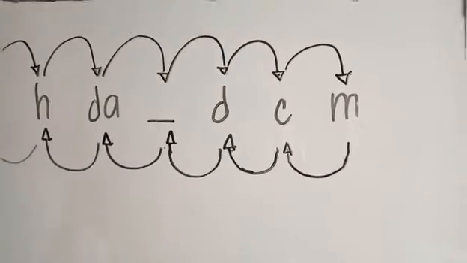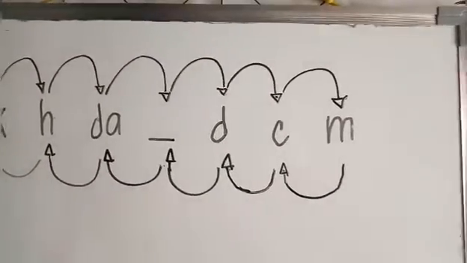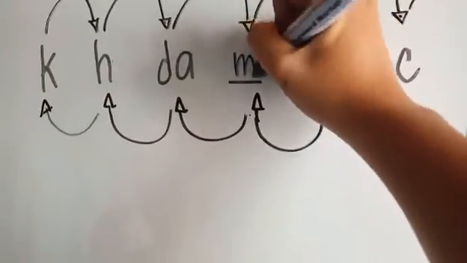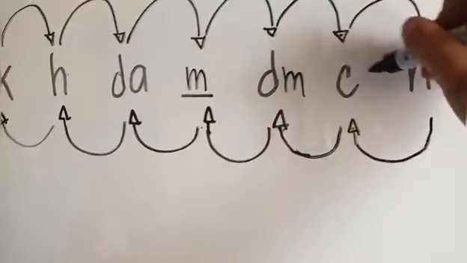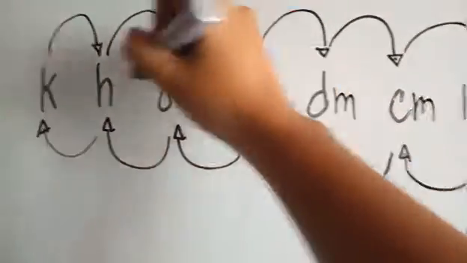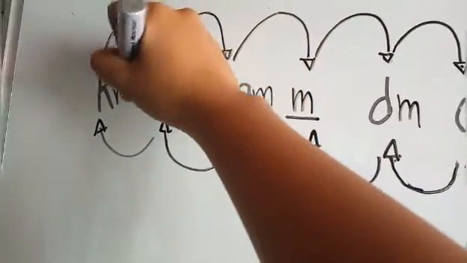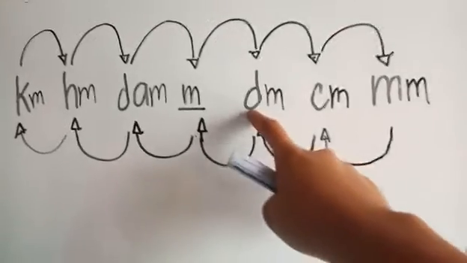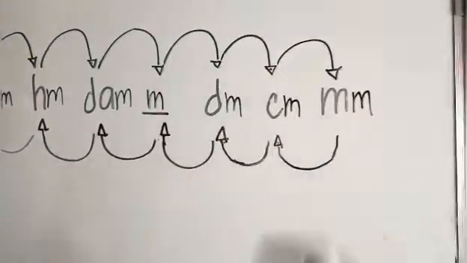For example, here in measure of length, we use meter. So, it means we put the meter in the middle, then we put meter on all of the chart. So, it will become now kilometer, hectometer, decameter, meter, decimeter, centimeter, and millimeter.